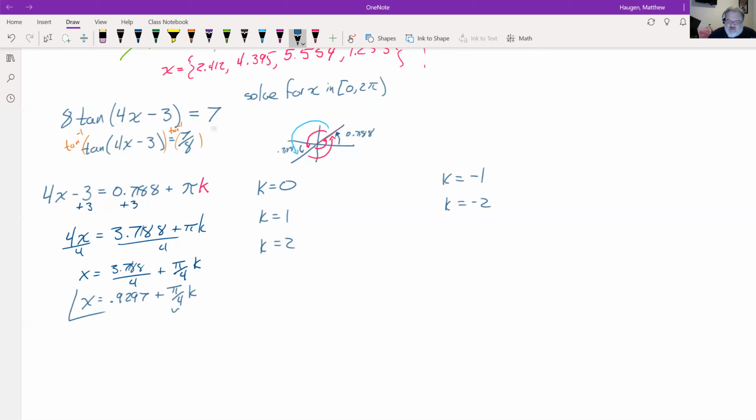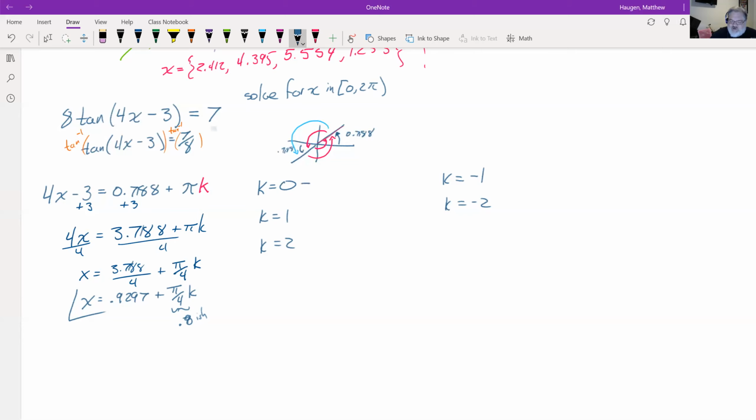What is pi over 4 about, by the way? It's about 0.7-ish. Now that's a real gross approximation. It's closer to 0.8, a little more than 3/4, so 0.8-ish, just so I can have an approximation in my head.